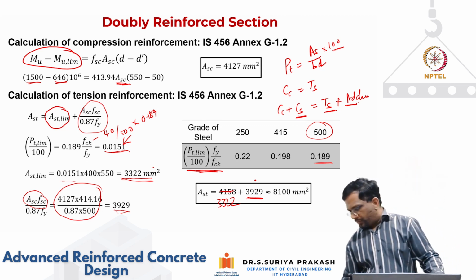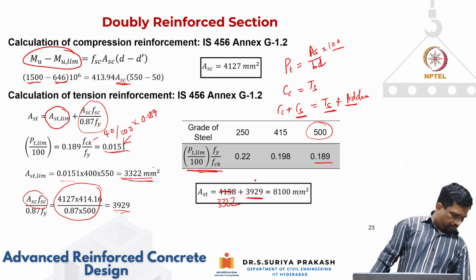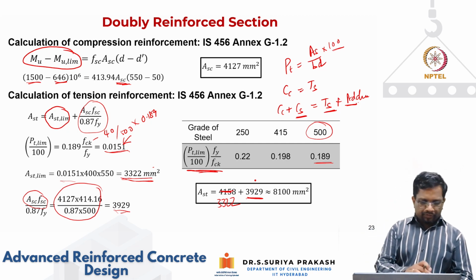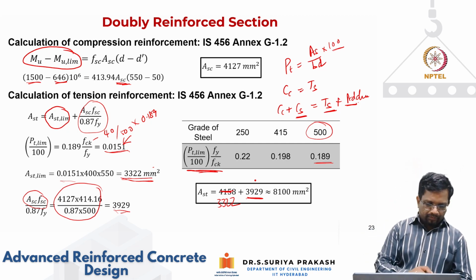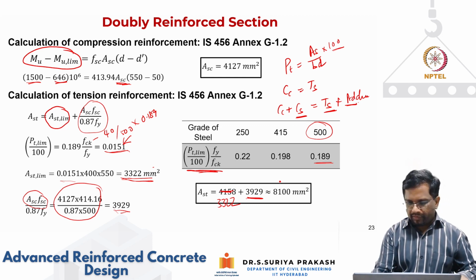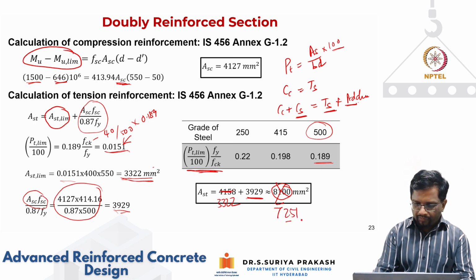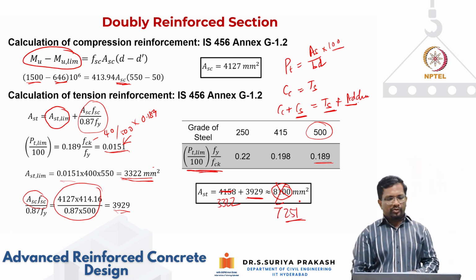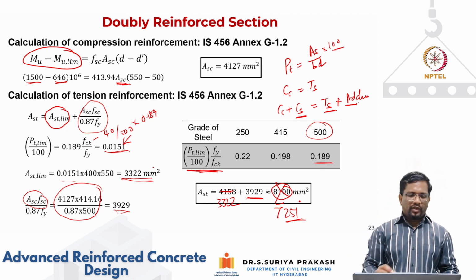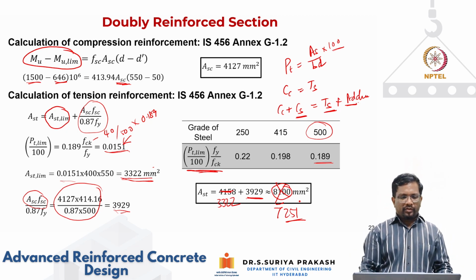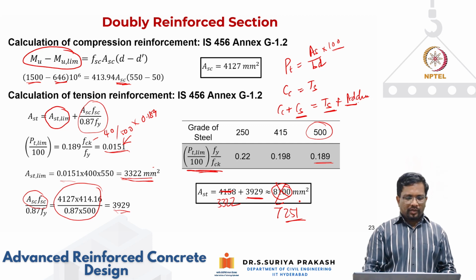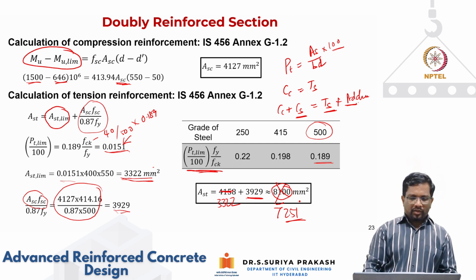That is not 7,000, that is not correct. It will be 7,251 mm squared. So that is the total amount of steel that we need for achieving the moment demand of 1,500 kilonewton meter. This is the total demand.